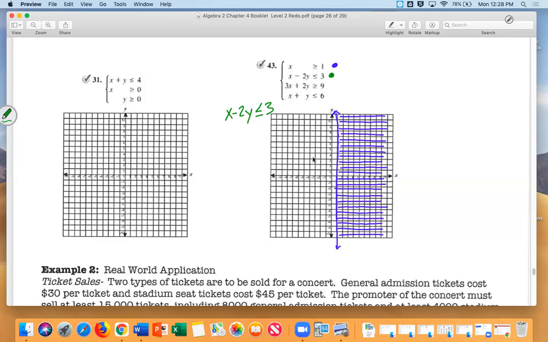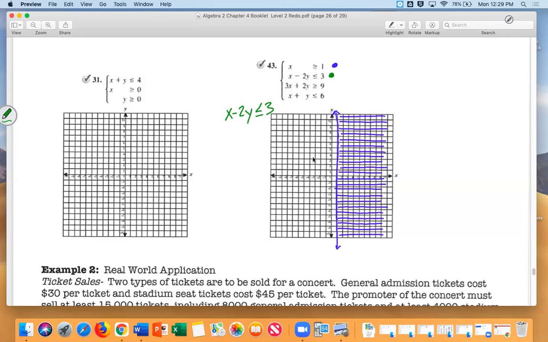What's the problem with negative 2y equals 3 when I'm doing the cover-up method? Why might I not like that? Because you still have to get y by itself.